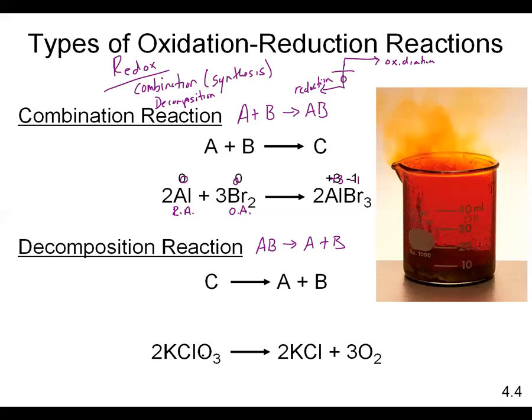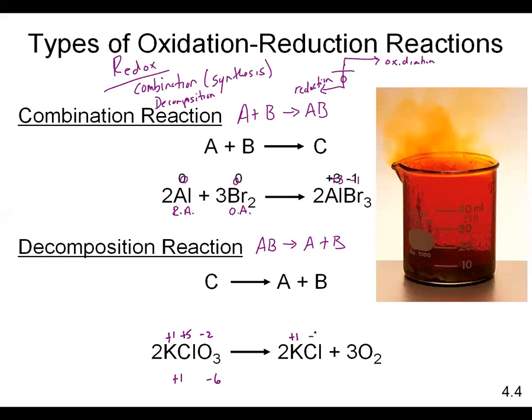Again, if we assign some oxidation states, the oxygen here is -2. That gives us -6. The potassium is +1 in this case. So again, to balance it out here, our chlorine is +5. Coming on the other side, our potassium is +1.